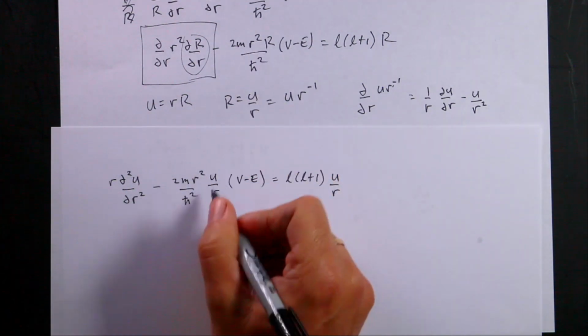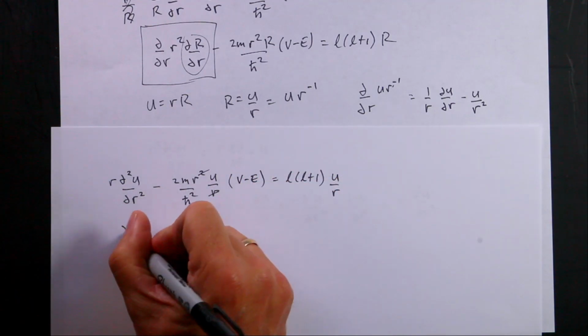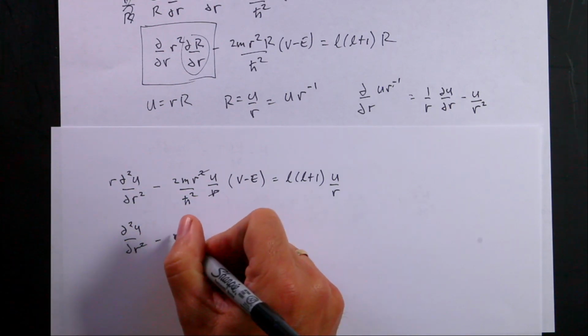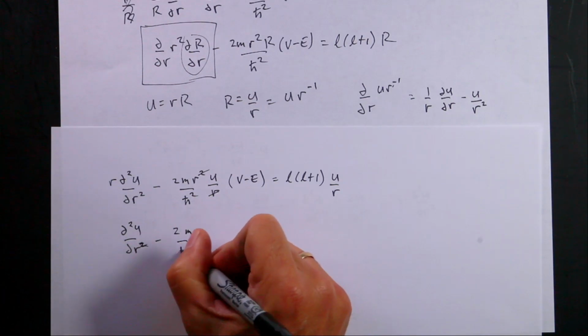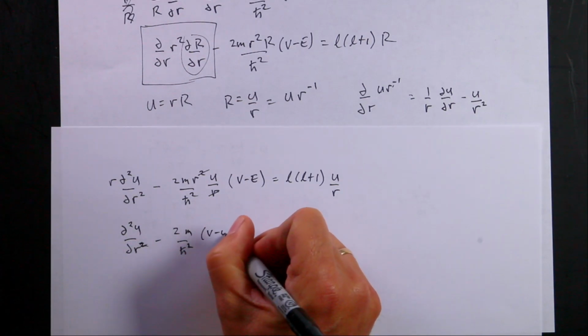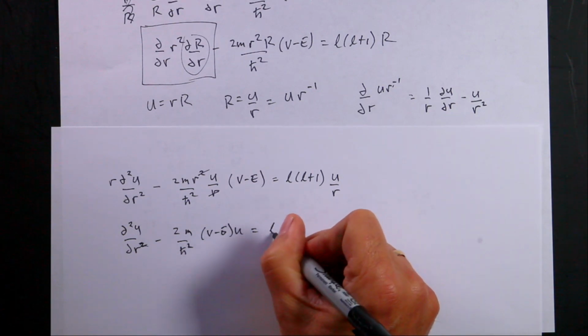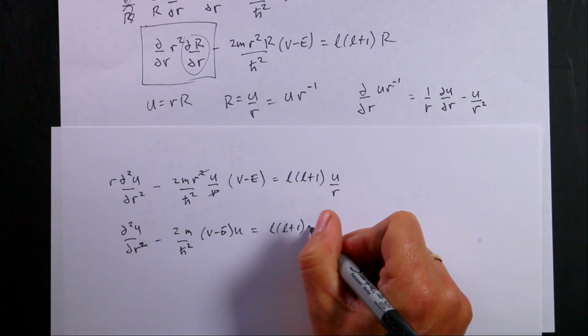Okay, that does work. So that cancels that. I divide through by R, and I get the second partial of u with respect to R minus 2m over h bar squared times v minus e times u equals L times L plus 1 times u over R squared.